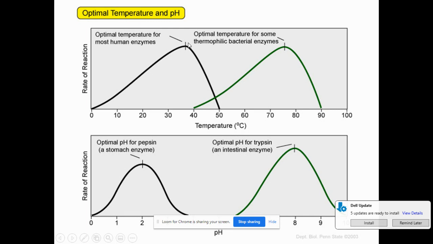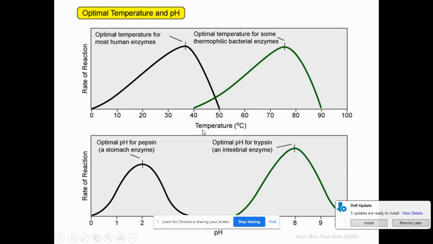If you get above this optimal temperature, they start to break down. All right. Now, with thermophilic bacteria enzymes, bacteria that love hot environments, their enzymes have a different optimal temperature range, which is much higher.